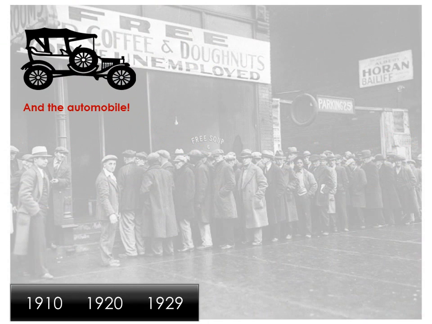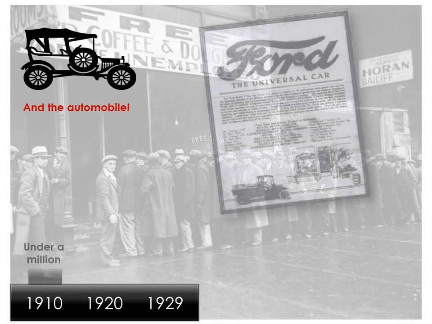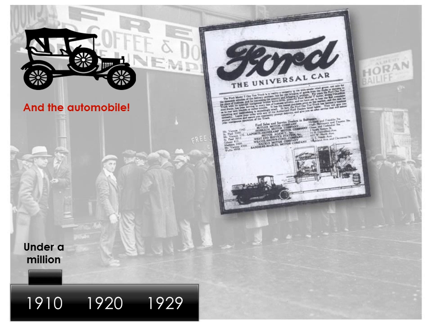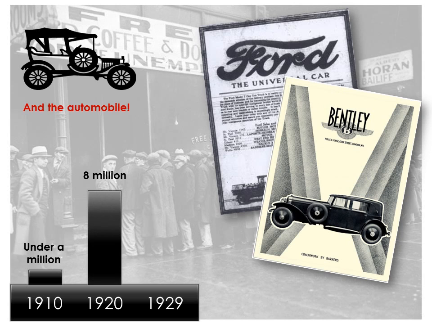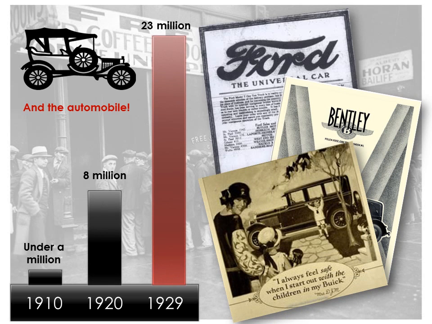Also, Henry Ford. Who can argue about the impact of the automobile? In 1910, we're at under 1 million cars on the road. By 1920, there are 8 million cars on the road. By 1929, there are 23 million cars on the road.